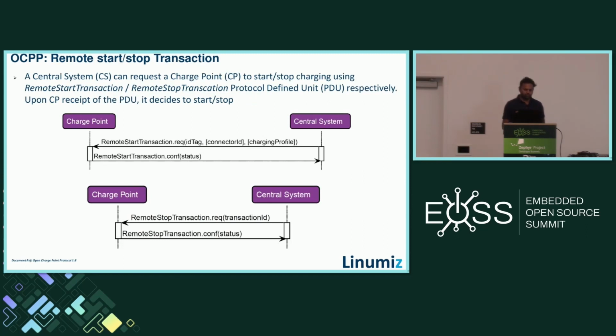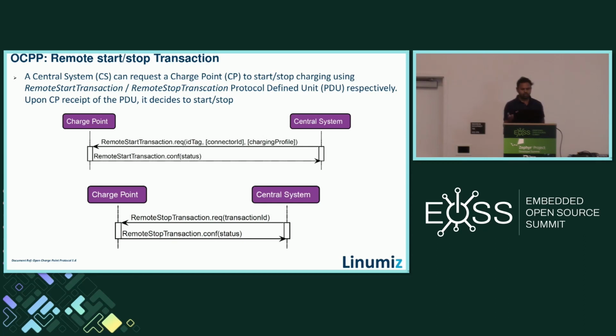Okay, so far we have seen the start transaction, stop transaction and boot notification messages, which originate from the charging station to the central system. But there is a way, as I said, when the user wants to start charging, he can make a request to the central system using the mobile application or the web browser. Then the central system can send a start transaction request to the charge point.